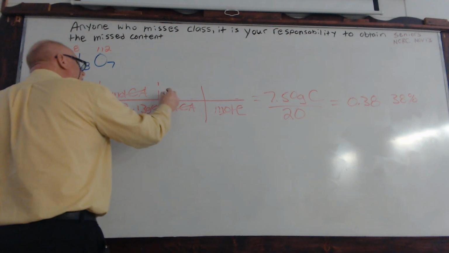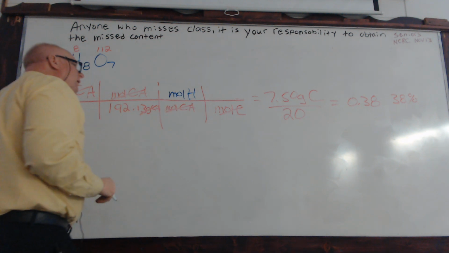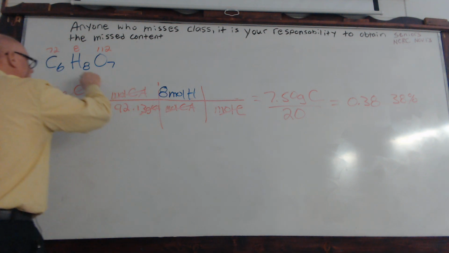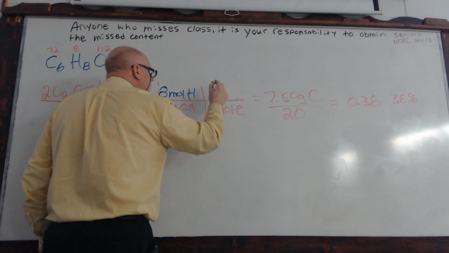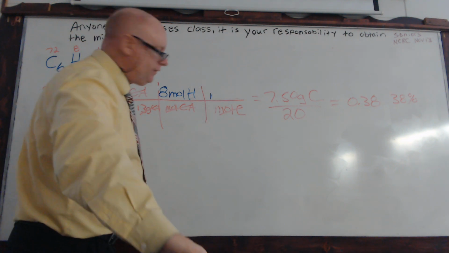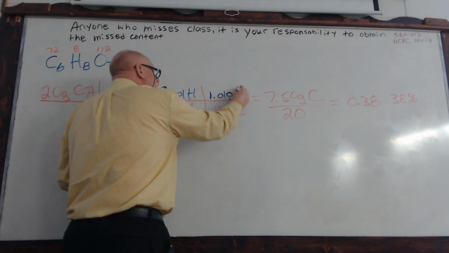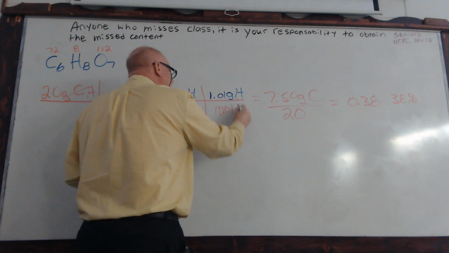Now for every mole of hydrogen, how many of them do we have? Okay, and of course that 8 comes from here. And then, no, I almost put moles of hydrogen. Well, I guess we can do that. 1.01 grams of hydrogen. So then hydrogen goes down here.